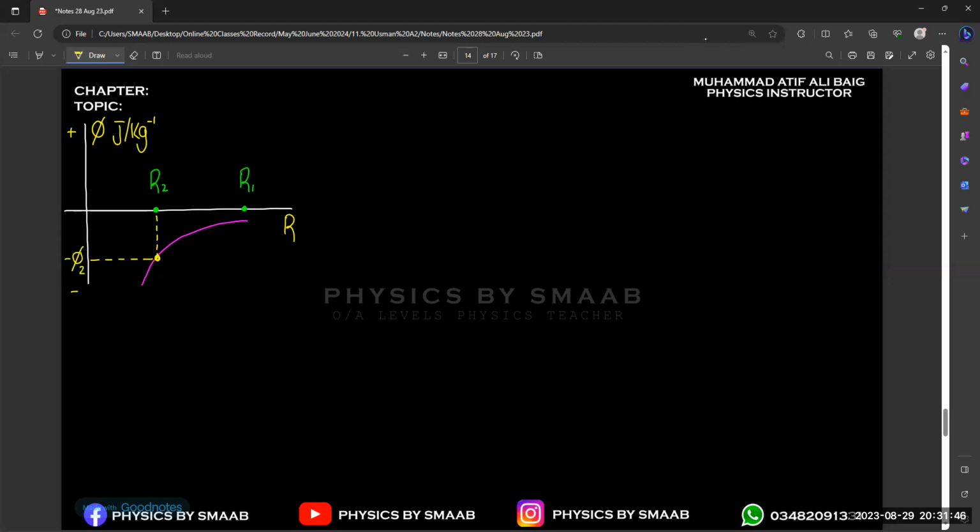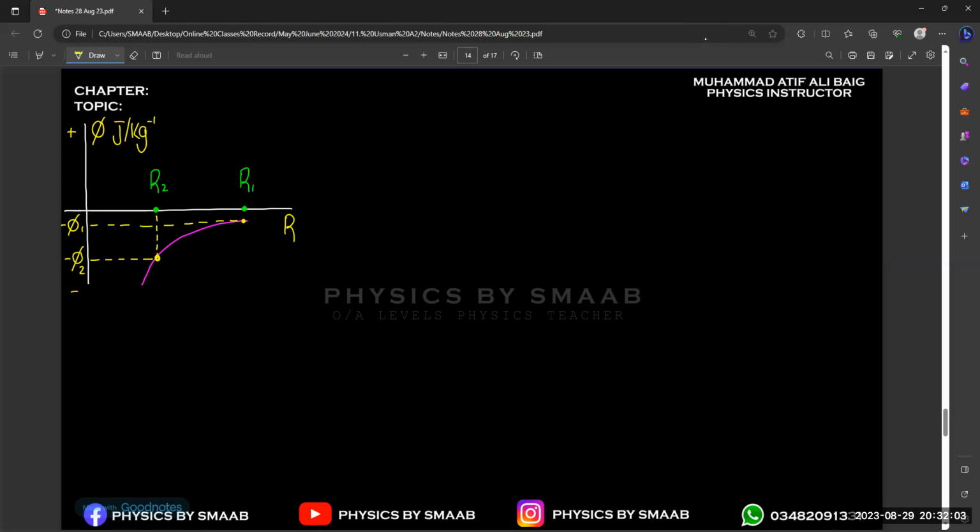So greater potential will be at R2. And if we consider R1, your potential will be less as compared to R2, right?